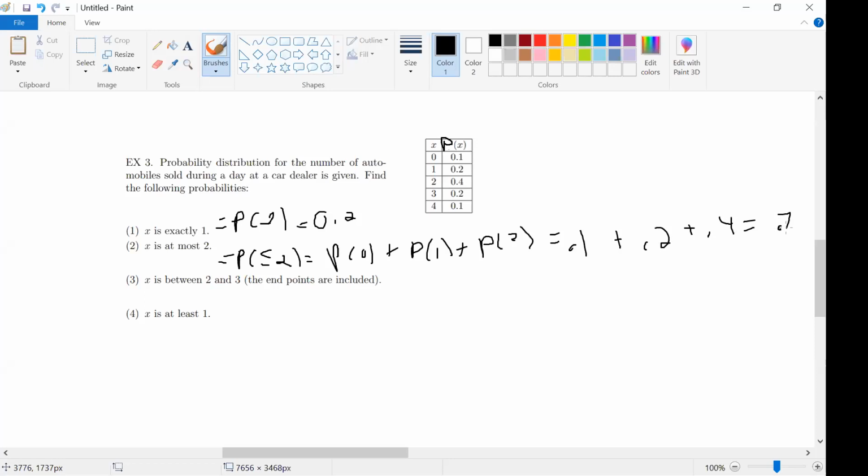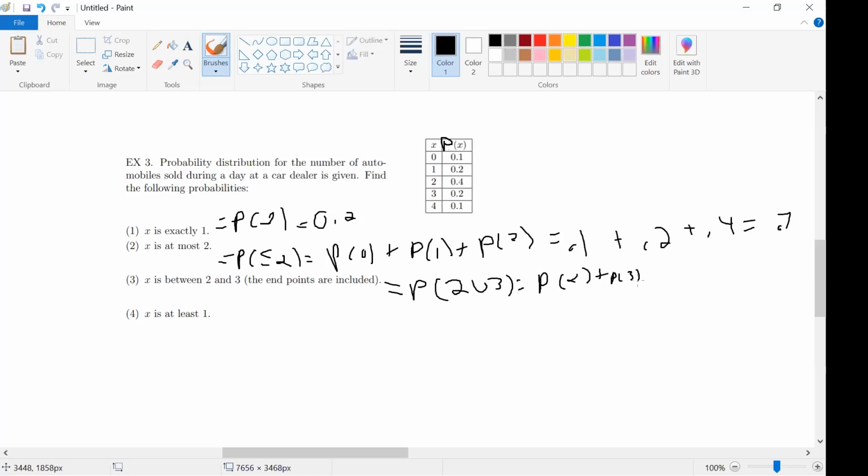Now 3, it's saying X is between 2 and 3, endpoints included. So essentially it's asking us, what's the probability that X is 2 or 3? This is equal to the probability of 2 plus the probability of 3. Now you'll notice this is the exact same as one of our laws.